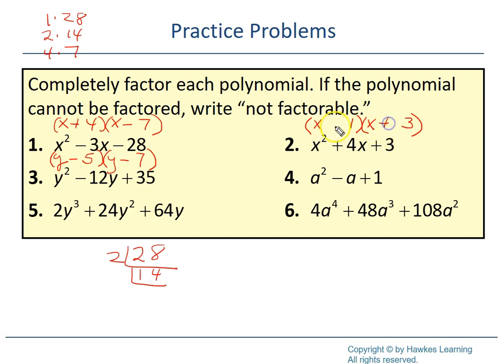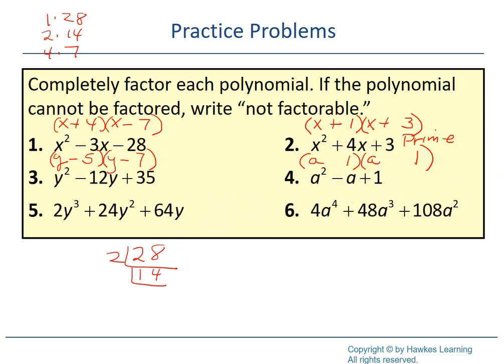And this one's an easy one too. And it checks out. And this one, a, 1 and 1. This one's going to be prime, because there's no way we're going to get a negative 1 out of there.